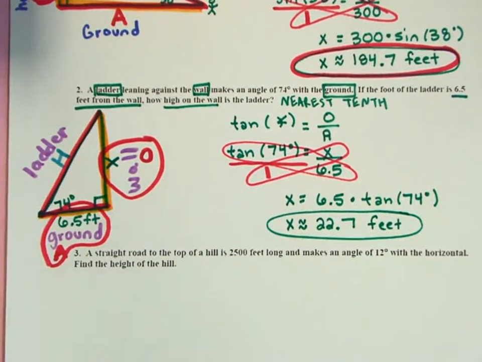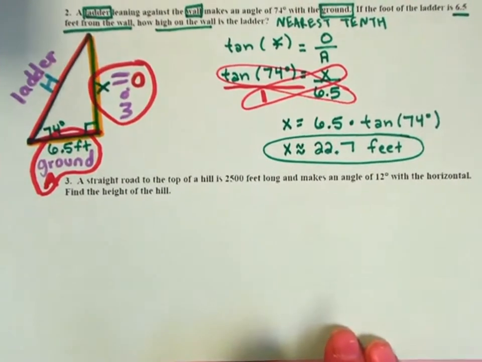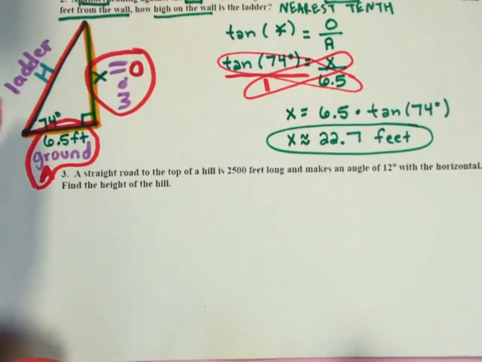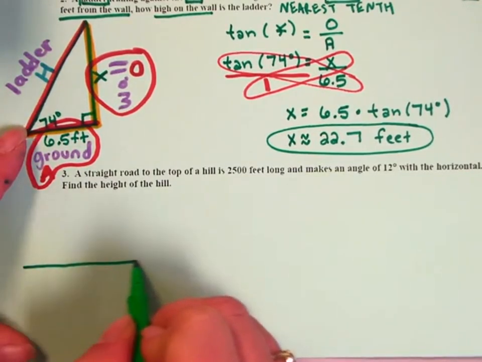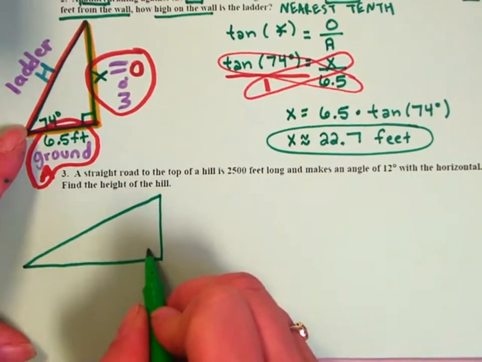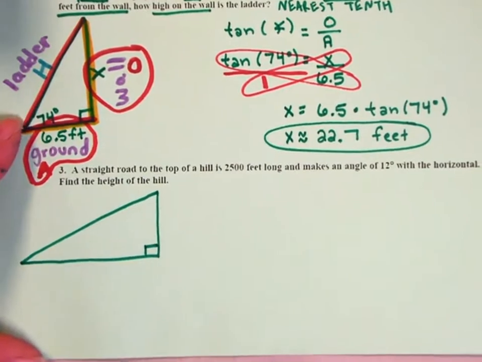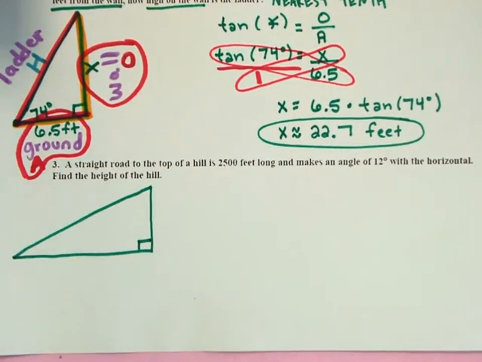Okay, we are going to continue on to problem number 3. The first thing we need to do is to draw a right triangle. Now we need to label the triangle based on the problem.